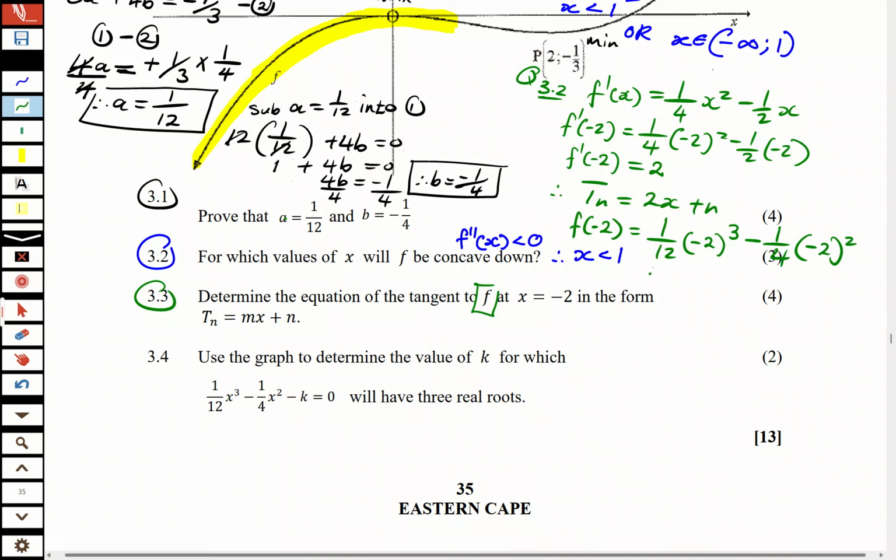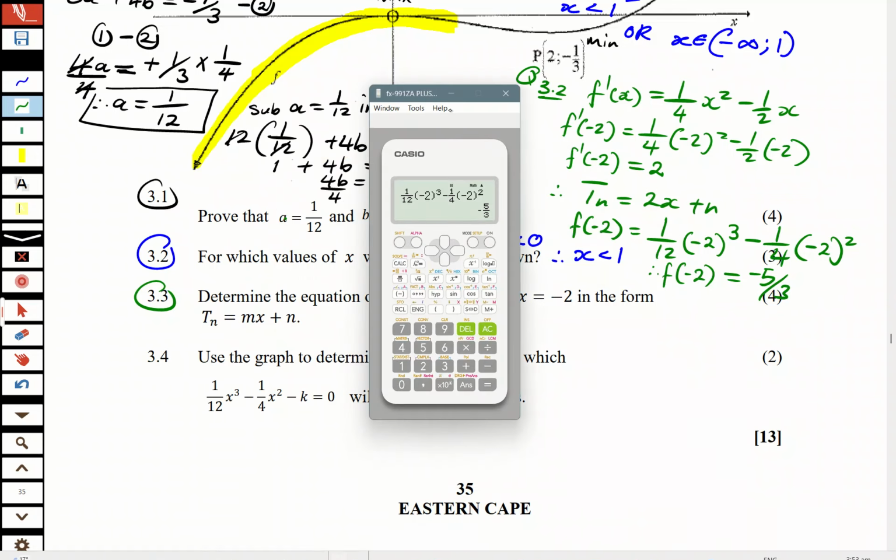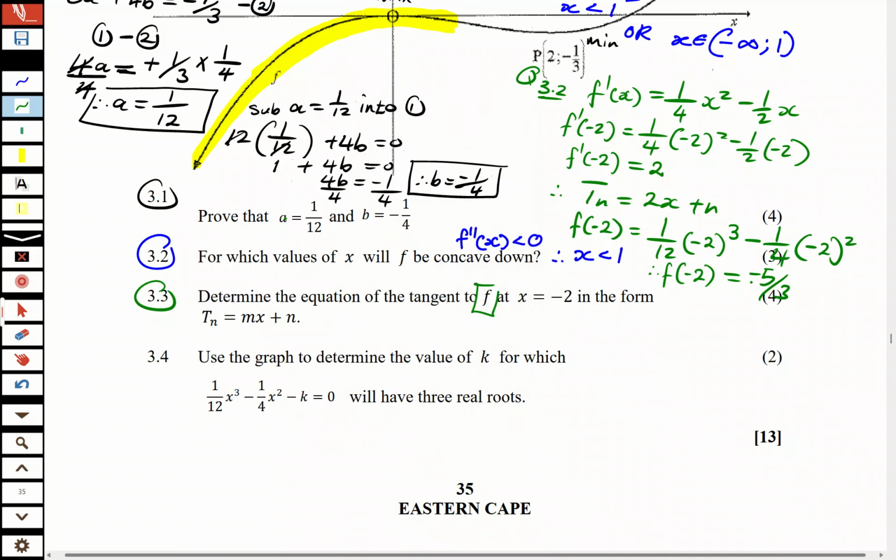Therefore, when x is negative 2, y is negative 5 all over 3. Let me confirm. Yes. So now this is a point: negative 2 and negative 5 all over 3.